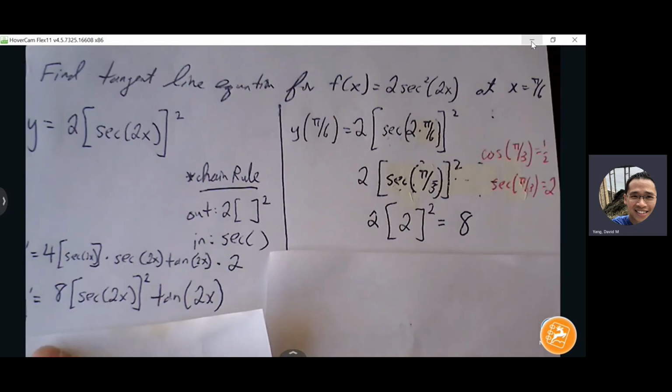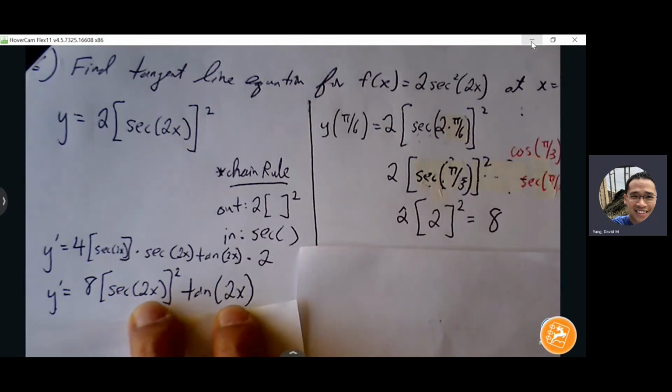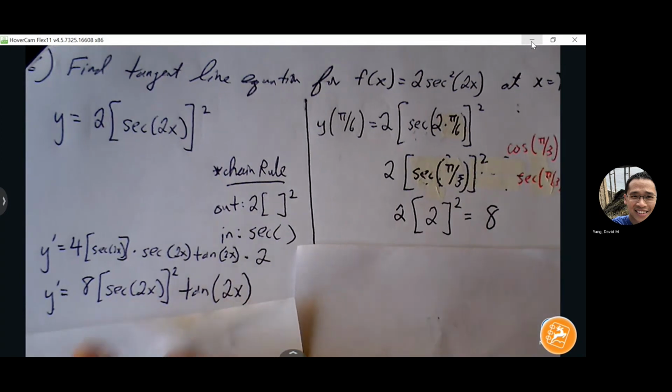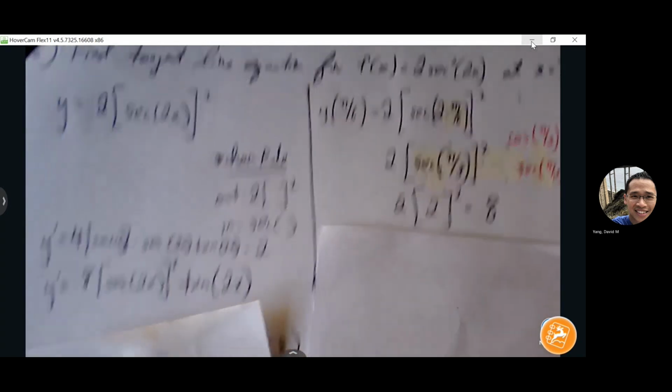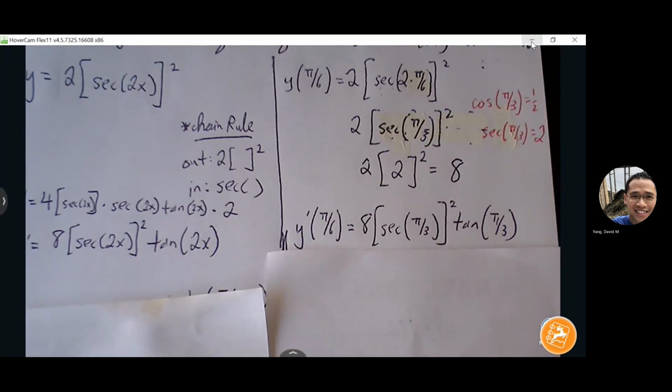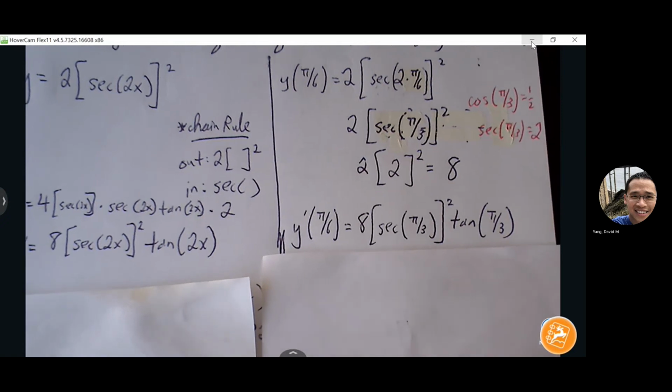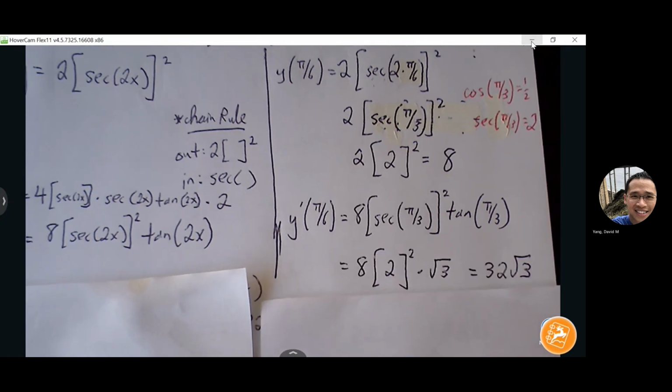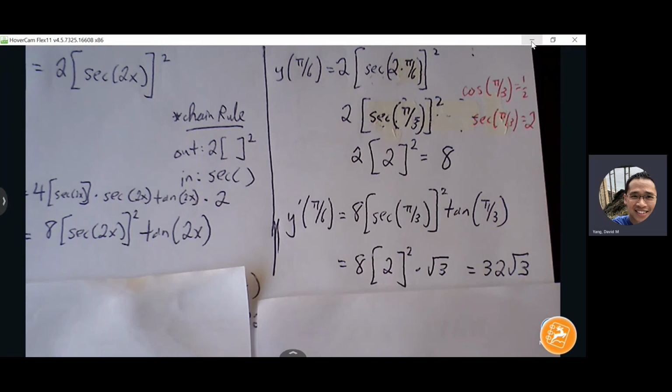Okay, slope comes from the derivative. So insert pi over 6 in for the x's within the derivative. Secant pi over 3 is 2.